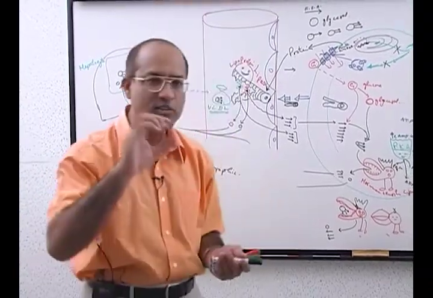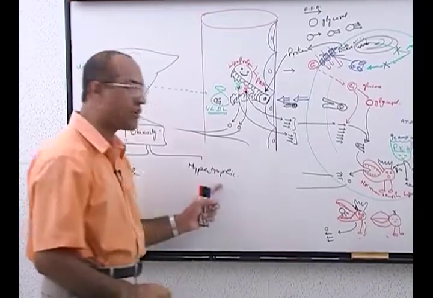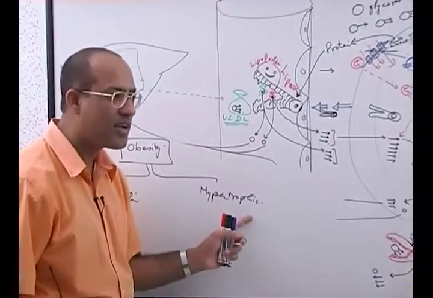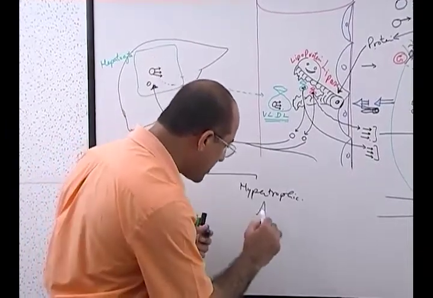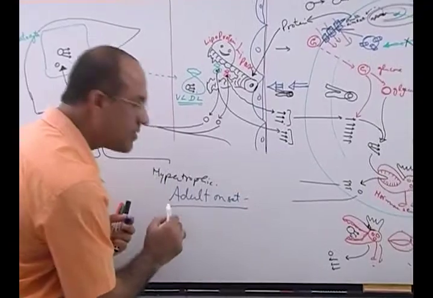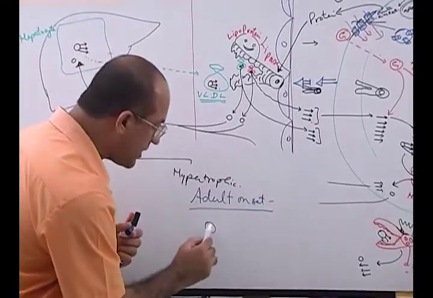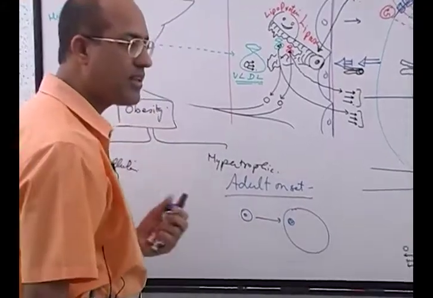This type of situation, when a small cell increases its size, is called hypertrophy. What is that called? Hypertrophy. So adult onset obesity is hypertrophic. Hypertrophic means a small fat cell will convert into a large fat cell.